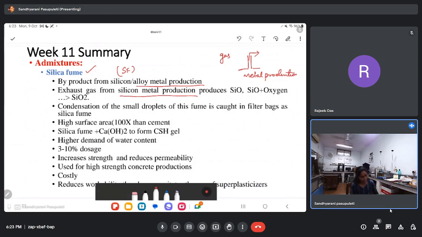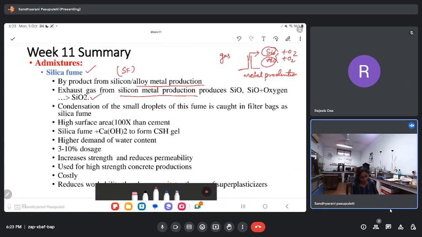Those gases will produce ions like SiO and also aluminum. When they come in contact with oxygen, they will form SiO2.